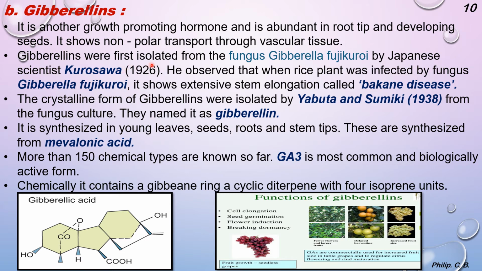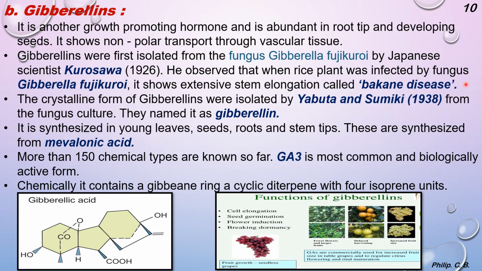Gibberellins were first isolated from the fungus Gibberella fujikuroi by Japanese scientist Kurosawa in 1926. He observed that when rice plant was infected by the fungus Gibberella fujikuroi, it showed extensive stem elongation called Bakanae disease.